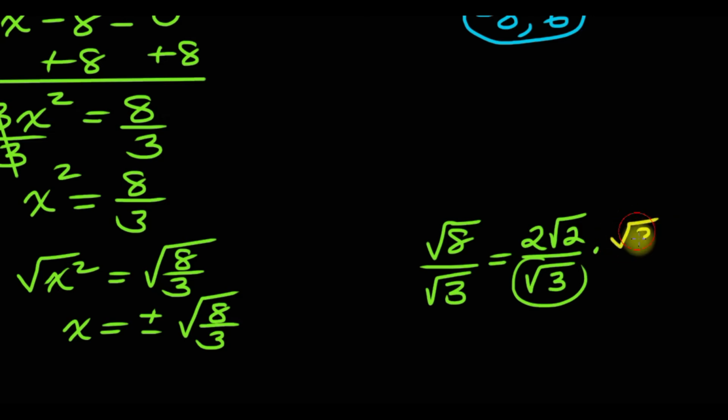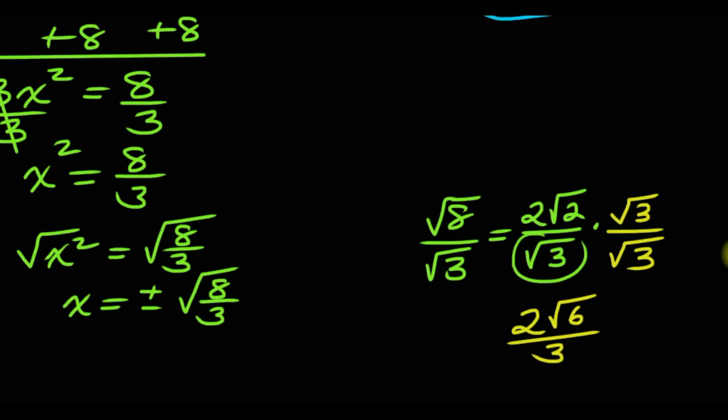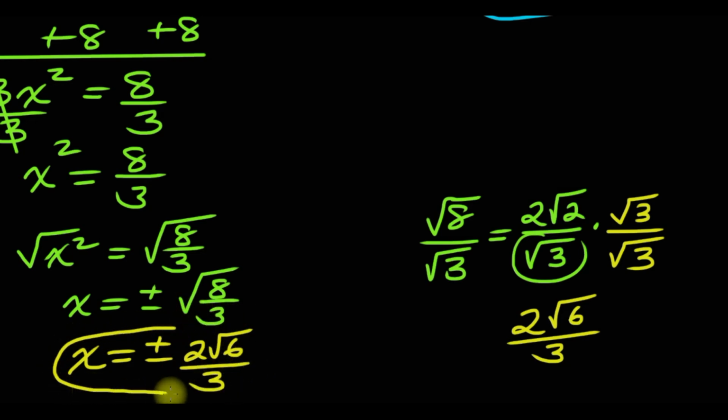So I multiplied this by square root of 3, and then I multiplied this by square root of 3. So the answer is going to be 2 square root of 6 all over 3. Okay, so here we're going to have x equals plus or minus 2 square root of 6 all over 3. Okay, so these are the two roots.